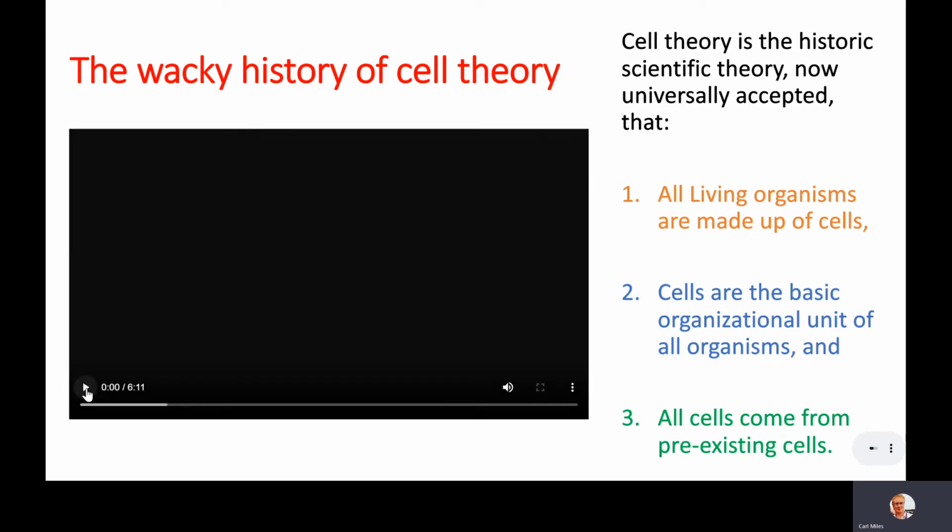Cell theory really has three main concepts, and it tries to suggest to us that it's a universally accepted theory, but it tries to suggest to us that all living organisms are made up of components referred to as cells, and these are the basic organisational unit of life. And the cells originate from pre-existing cells that divide and that replicate.